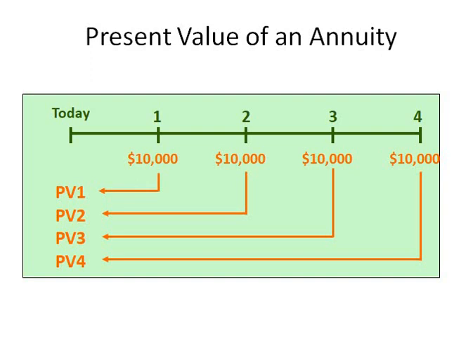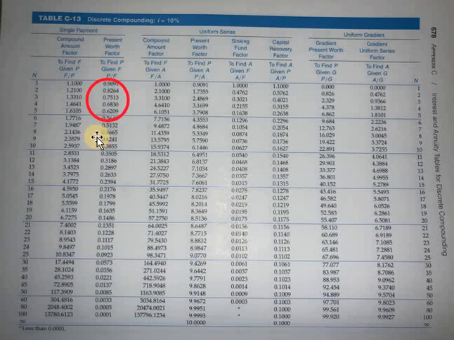If I look at the table of interest and I want to treat each one of these $10,000 as a single amount in the future and I want to get its present, I will be saying P equals F into P knowing F, I, N. So these are the values that I will be getting from the table for year 1, 2, 3, and 4.